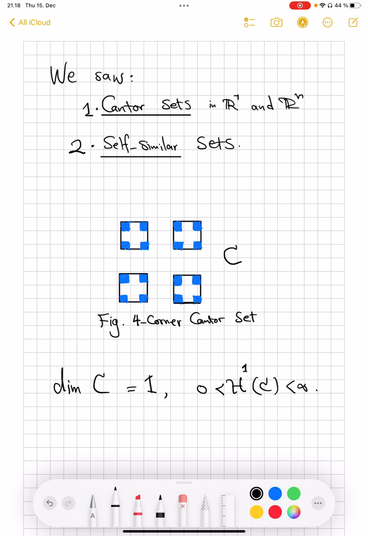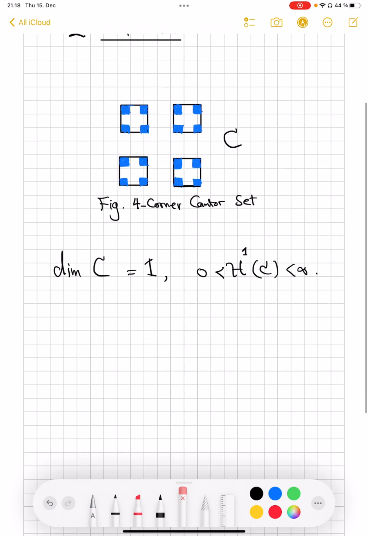So from the point of view of just Hausdorff dimension and measure, it shares properties of, say, a C1 curve. That is, these properties are shared by more familiar one-dimensional objects.